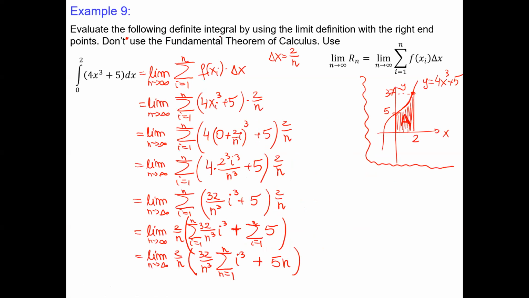Okay, so what do we have? We have a limit as n goes to infinity, 2 over n, and 32 over n cubed, right? And now we need that formula. i cubed, the summation, the addition of cubes of the counting numbers.